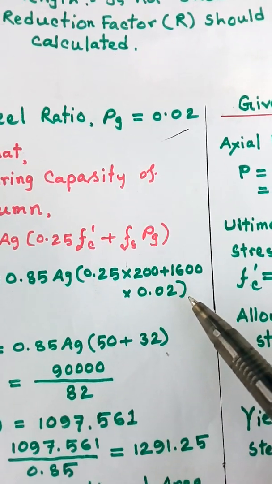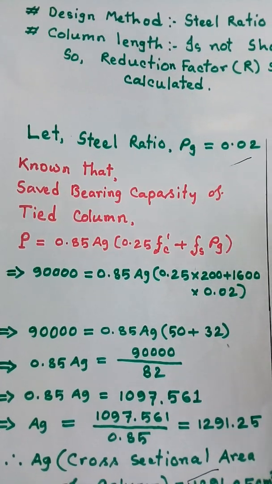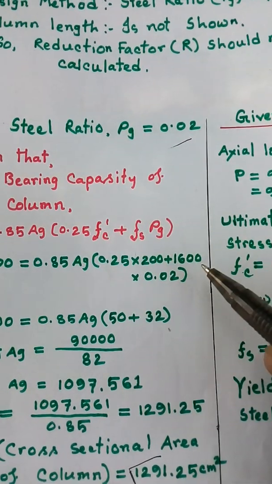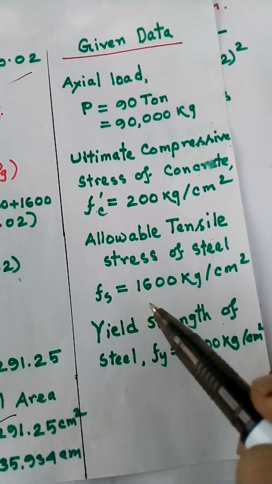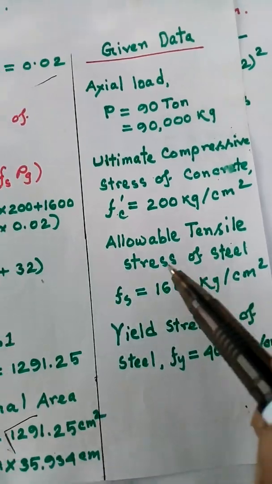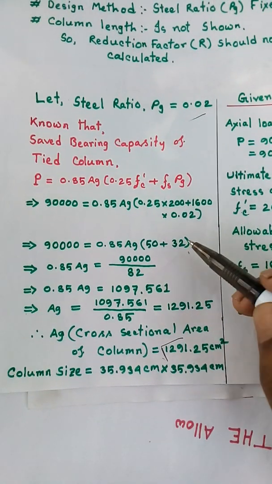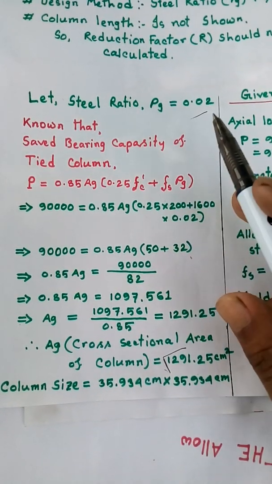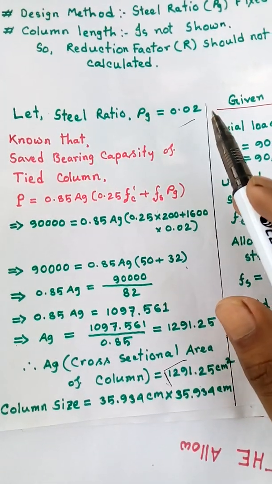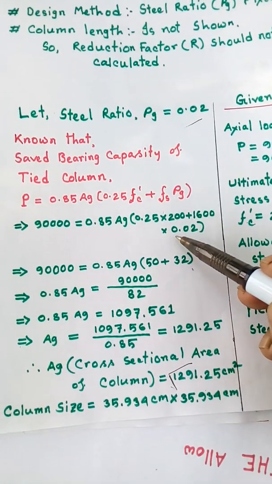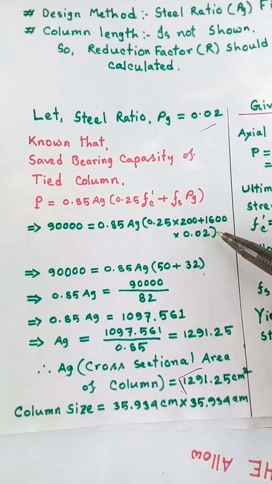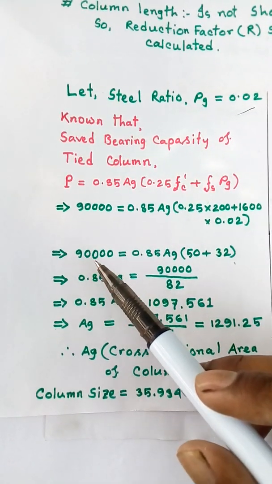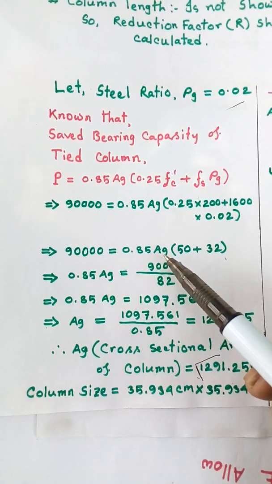The value for Fs is 1600 kg per square centimeter, multiplication the value for rho g, steel ratio, 0.02. So 90,000 equal to 0.85 Ag.